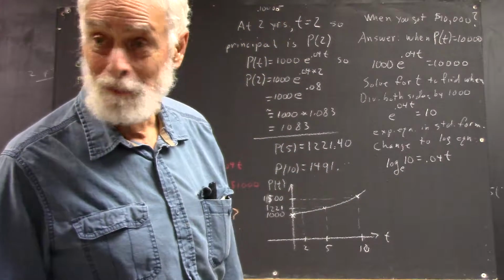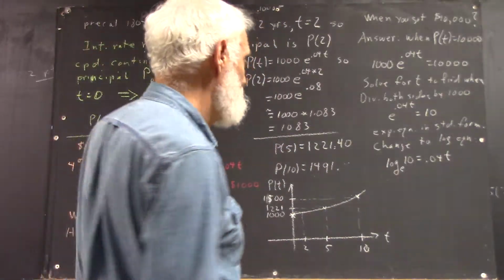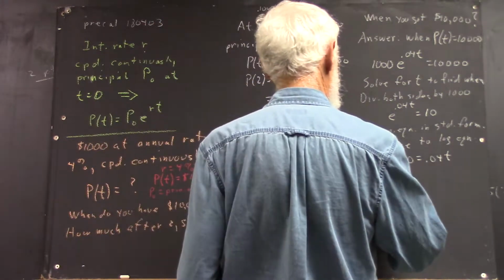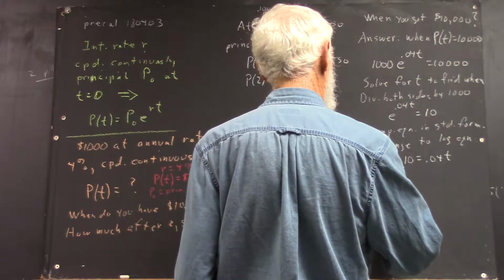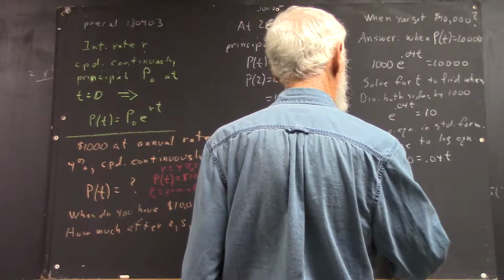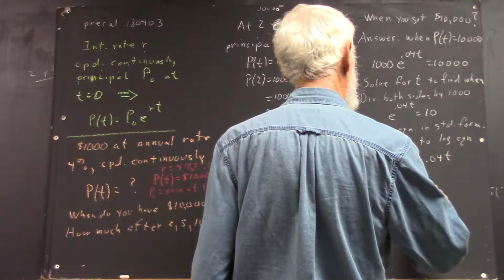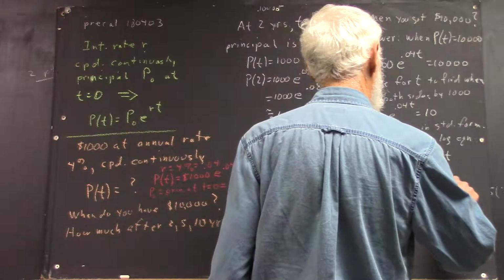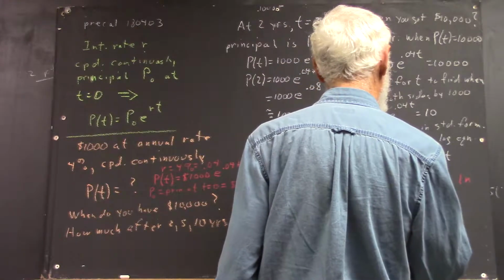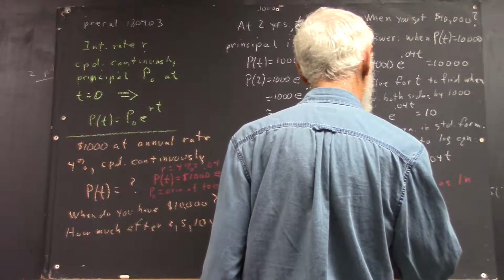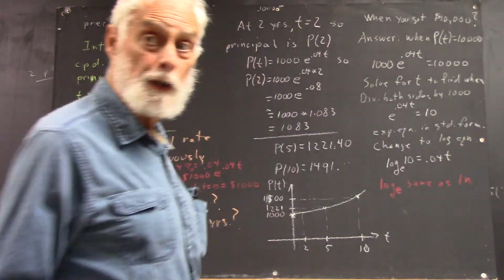Okay, so we have log base e, which is the same as the natural log, ln. And you have an ln button on your calculator.